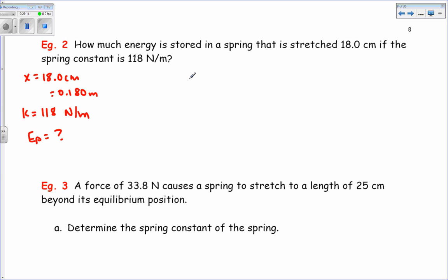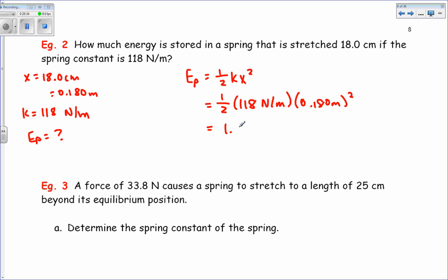So it's a pretty straightforward formula. EP equals 1/2 kx squared. So 1/2 times 118 newtons per meter times 0.180 meters squared. Okay. And that will give you 1.91 joules.